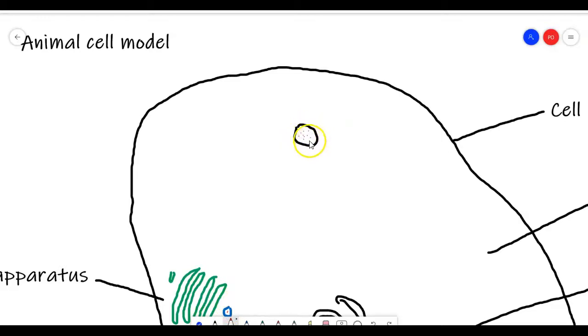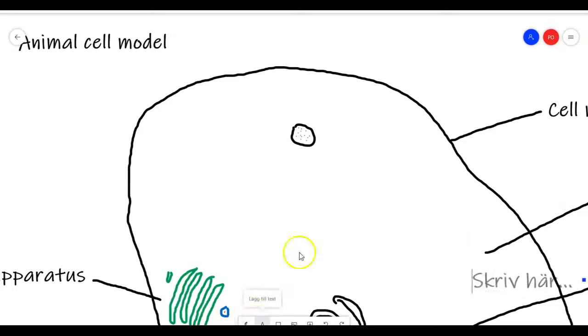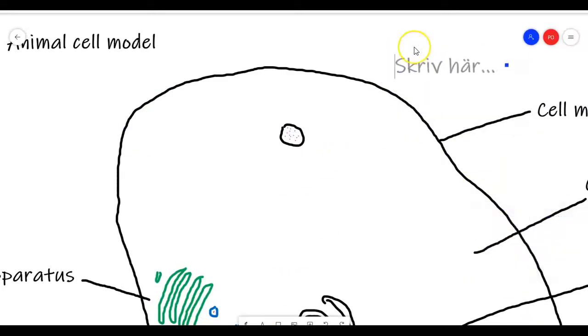So lysosomes are small special membrane sacs in the cell, specifically in animal cells, and they contain dangerous proteins that are good for digesting parts of anything.